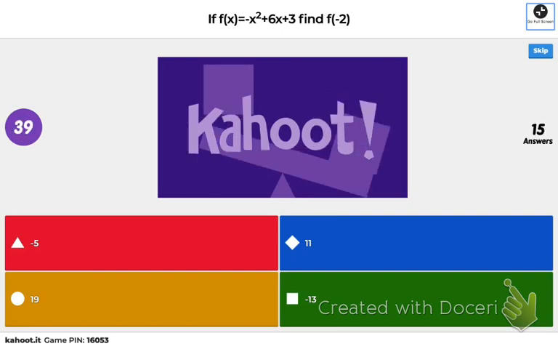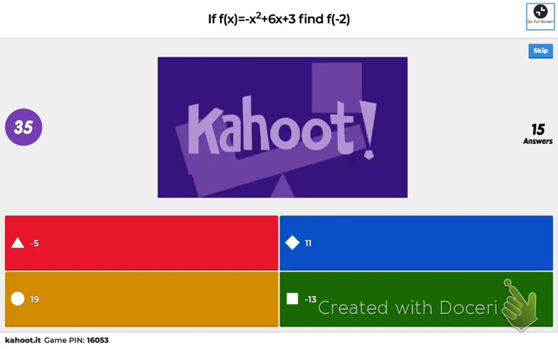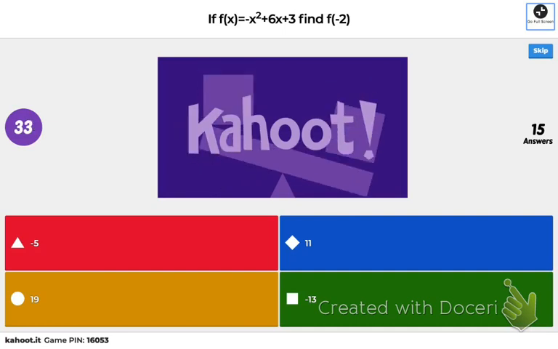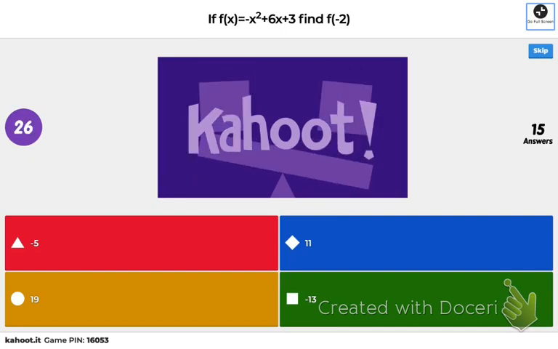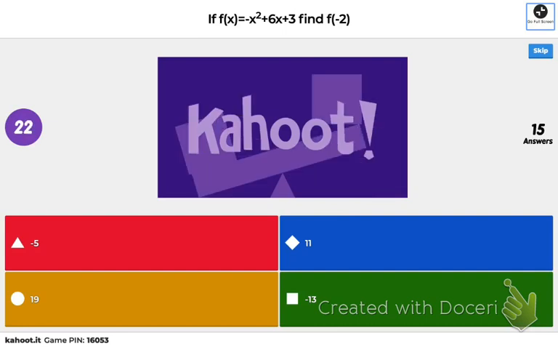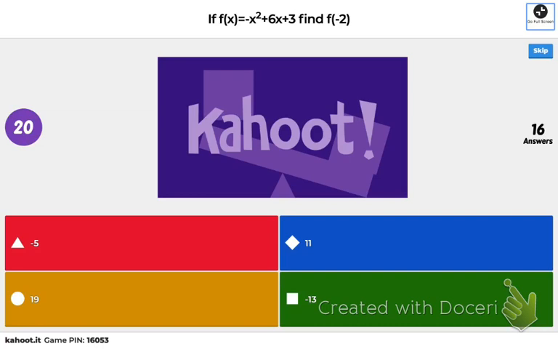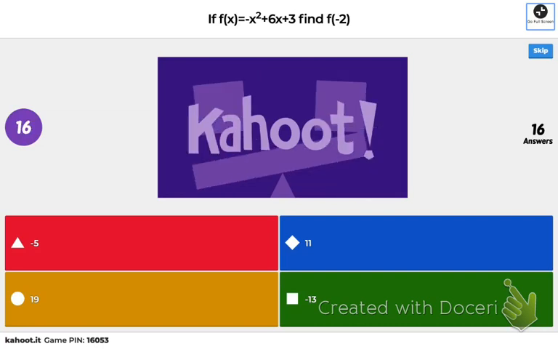You've got 30 seconds. Keep working, you can do it. 5 seconds to go.